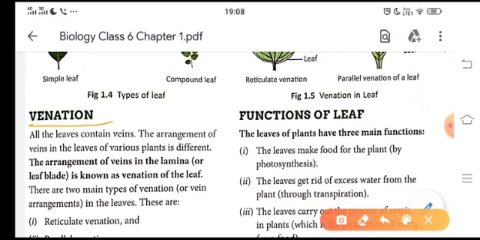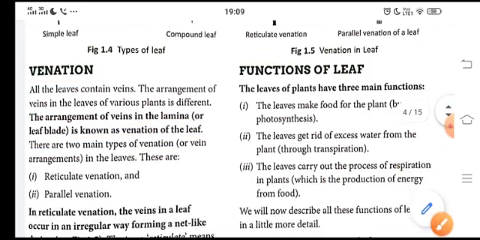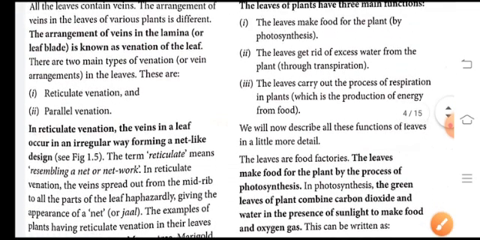Now, the arrangement of veins in the lamina or the leaf blade is known as venation. So, the definition of venation is the arrangement of veins in the lamina. So, there are two main types of venation, reticulate and parallel.